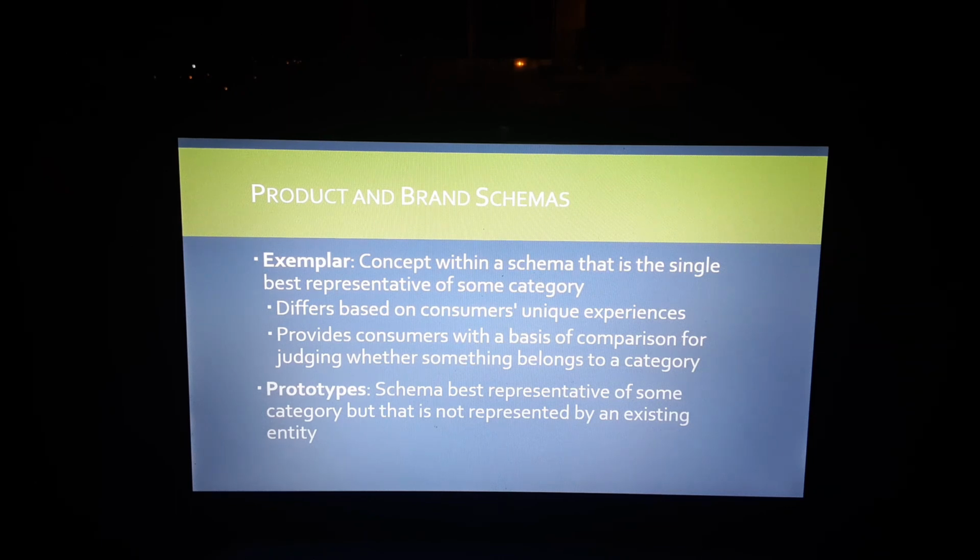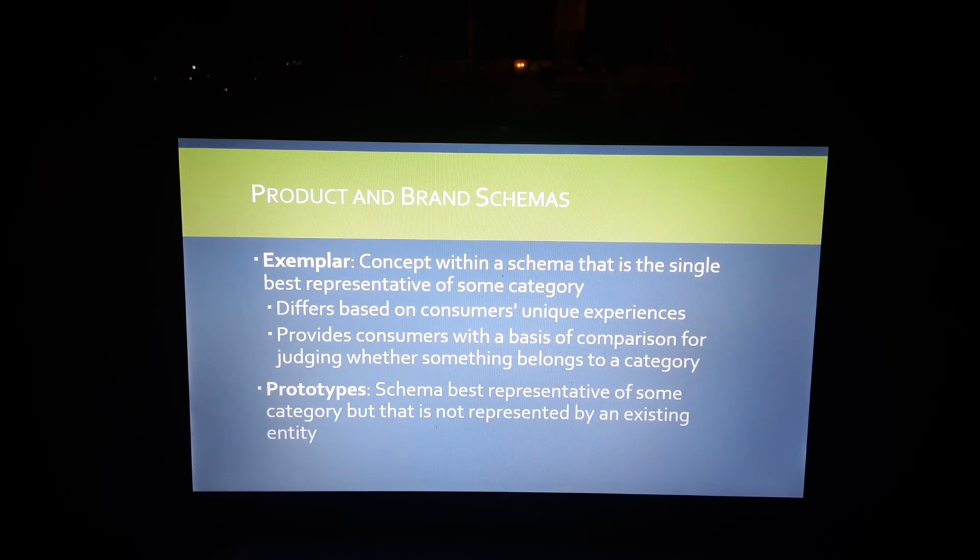Okay, so there's also this idea of the exemplar, which is the most representative of some sort of category. And everyone's going to have a different, unique experience with that. And you can have some sort of comparison as to whether something belongs in a category. So, does a certain type of car fit into your category of a sports car, that kind of thing.